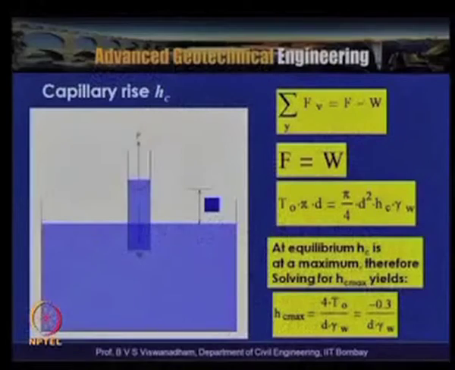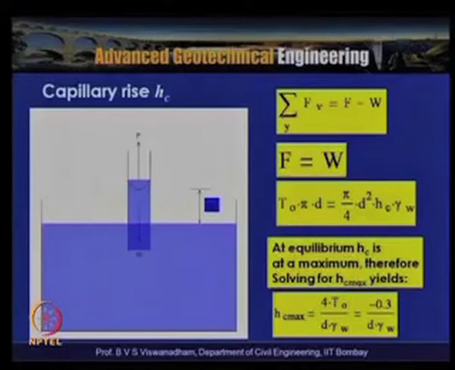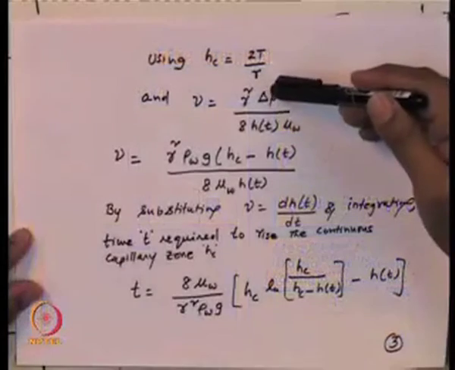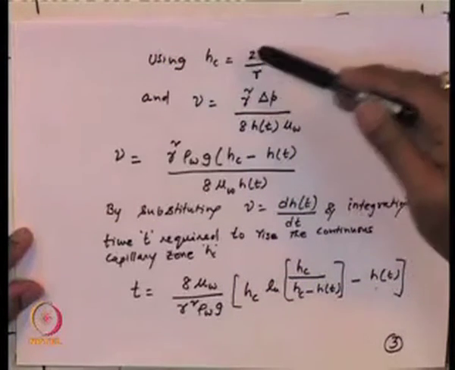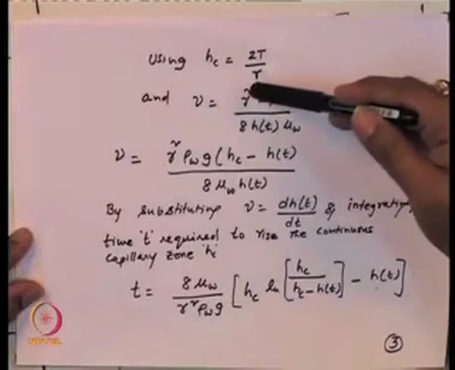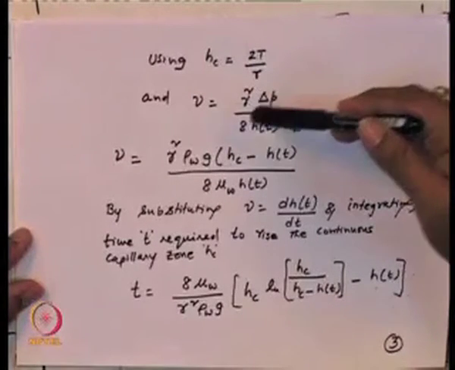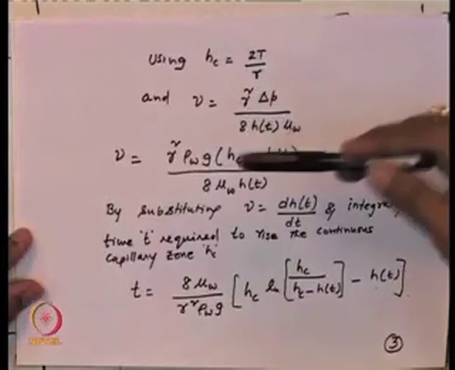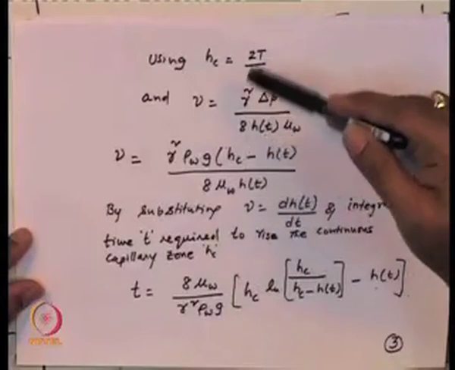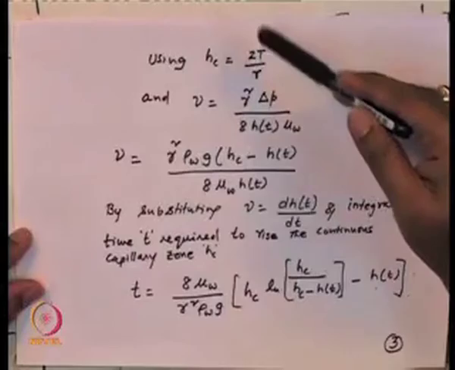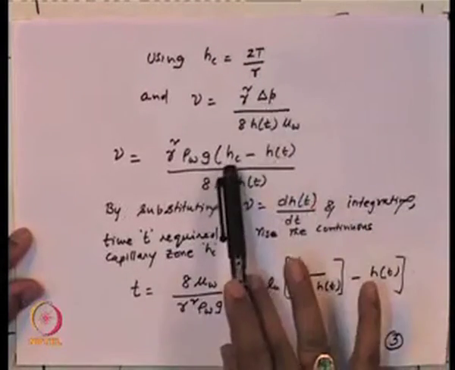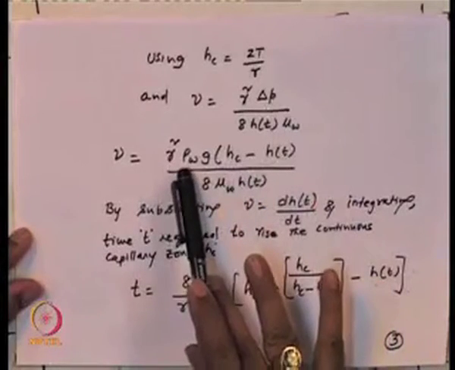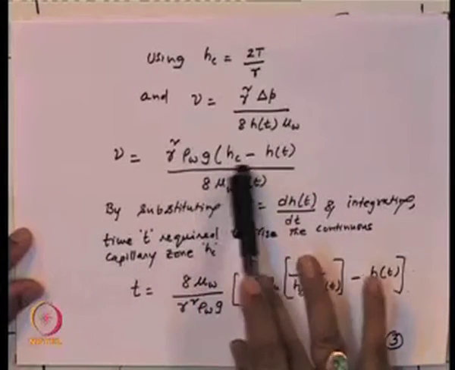Further, we can deduce this expression using Hc is equal to 2T by R. We substitute Hc as 2T by R, and use V is equal to R square delta P by 8 Ht mu W. For delta P, I am substituting R square into rho W G into Hc minus Ht.